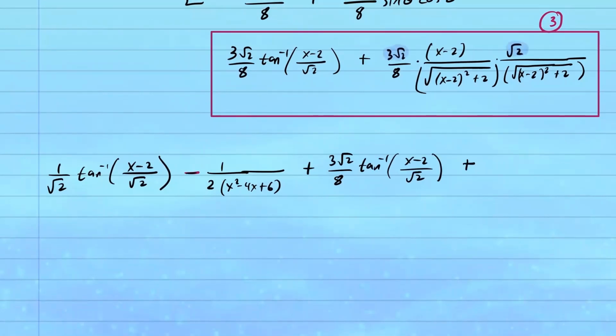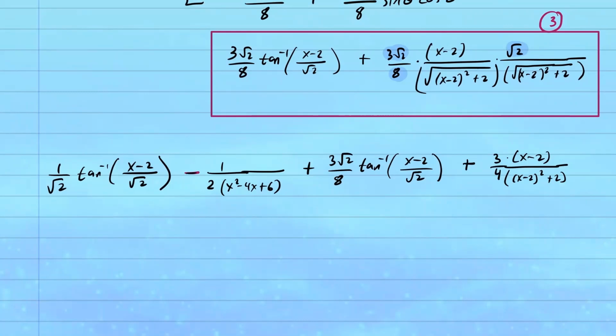So 3 square root of 2 times square root of 2, that's just 2, divided by 8, that's 3 over 4. And then we got x minus 2 on the numerator. In the denominator, the square roots will cancel, so you'll simply have 4 times (x minus 2) squared plus 2. So that will be in the denominator, just simplifying it algebraically.